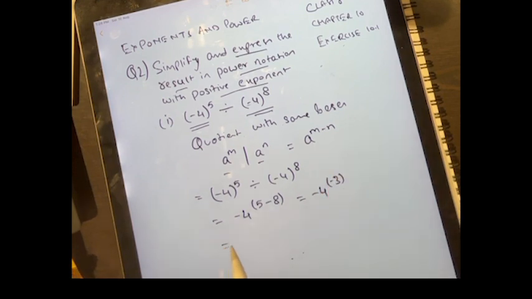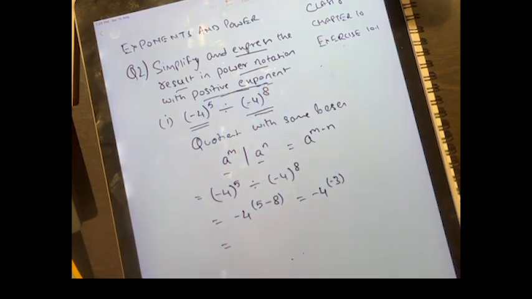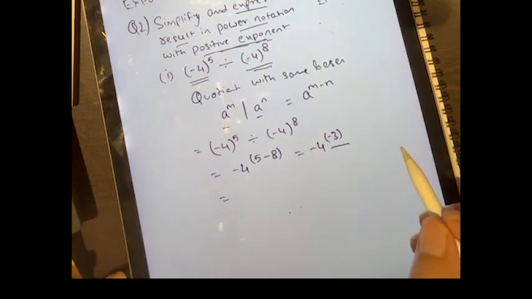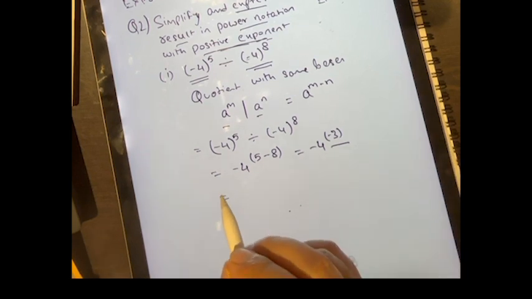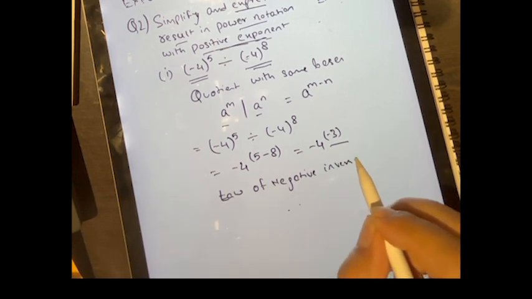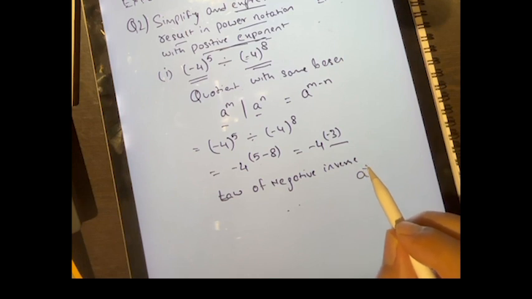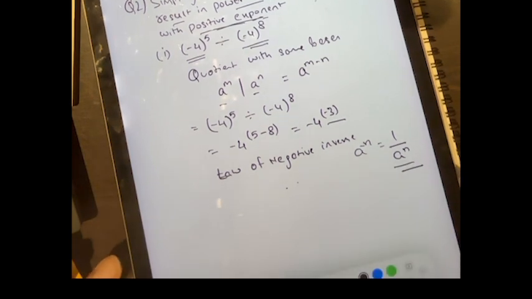And when we will convert, because we need to give our answer in the positive exponent as per the question, when we convert this negative exponent into the positive, we will have to apply a different law of exponent, and that different law is basically called the law of negative inverse, wherein you can convert a raised to the power of minus n, you can write it as a raised to the power of positive n in order to get the positive exponent.